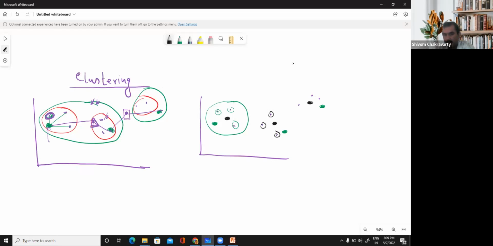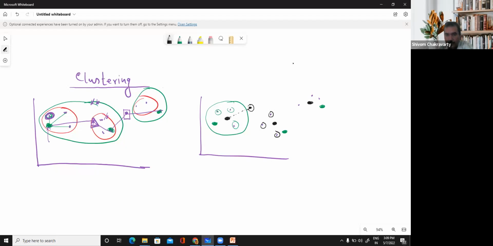Suppose, just for example, there is a point here. Now, depending on the new calculations, we find that it is nearer to this midpoint.